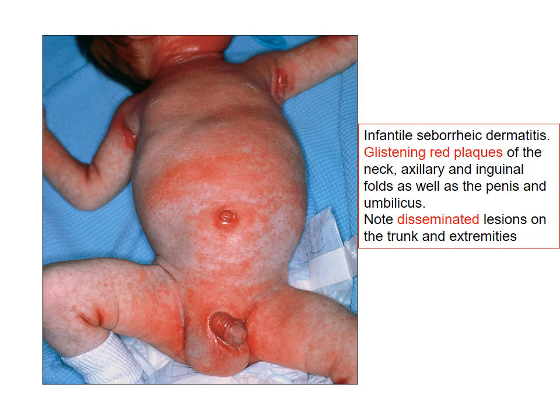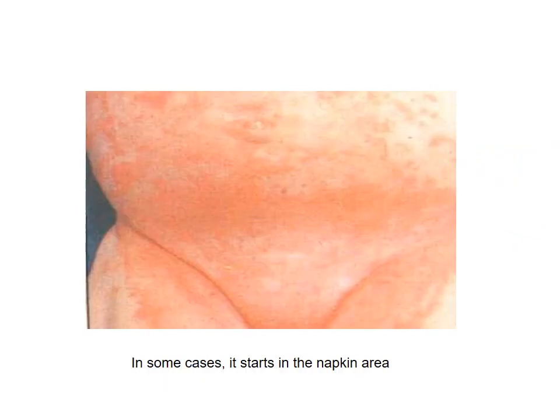But as I mentioned, sometimes infantile seborrheic dermatitis becomes more and more severe and extends to take the whole body, with glistening red plaques of the neck, axilla, inguinal fold, as well as penis, umbilicus, and disseminated on the trunk and extremities. These are closer views of the extensive seborrheic dermatitis, disseminated in the abdomen, the trunk, and on the napkin area.